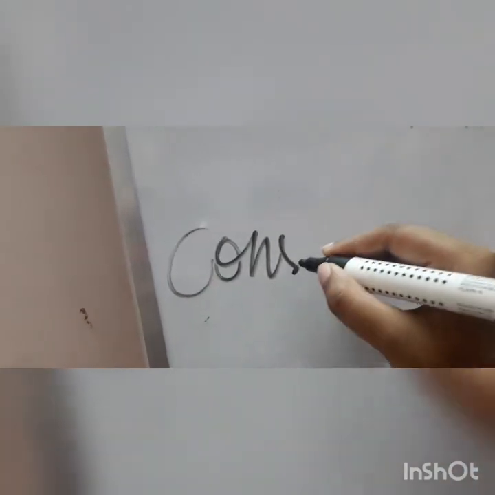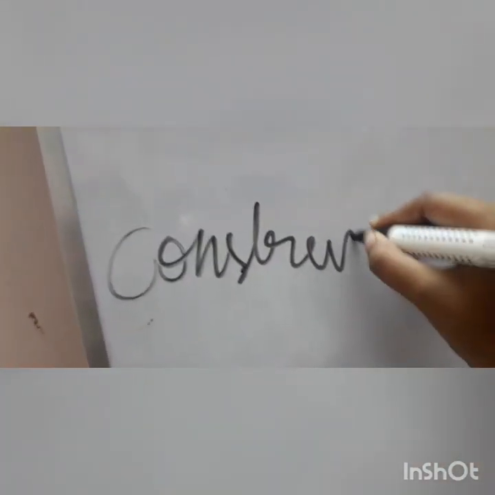To prove, what should we prove? We should prove that DE is parallel to BC and also that DE is equal to half of BC. So we have to prove that. First we should do the construction here.